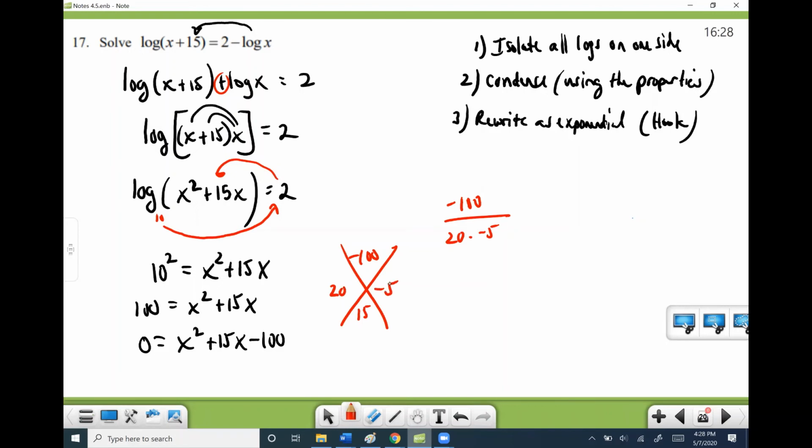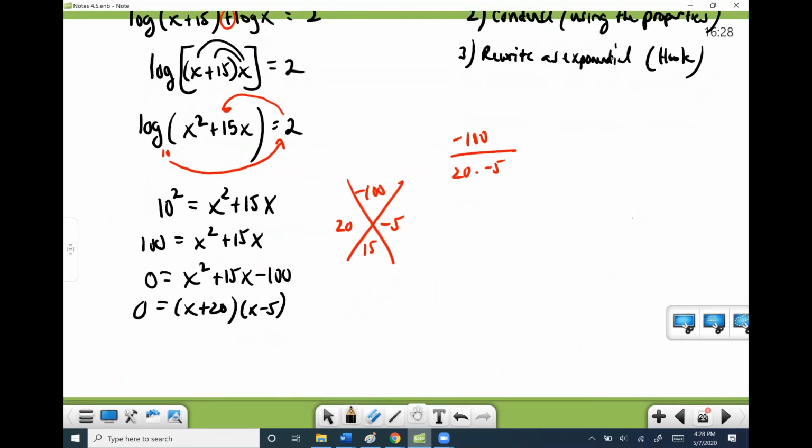Yeah, okay. And then if you add them, you get that. All right. So that's going to be x plus 20 and x minus 5. So x equals negative 20 and 5.